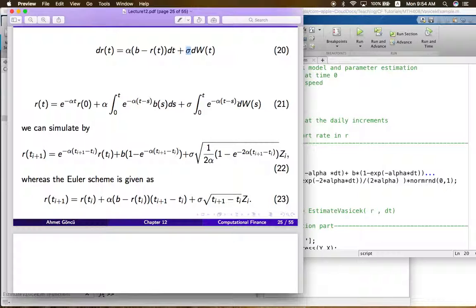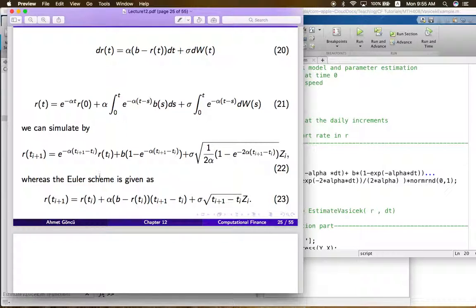For the increments of the Brownian motion, we can use normal random variables, and we can simulate the exact solution. Alternatively, you can discretize the original SDE using the Euler scheme.